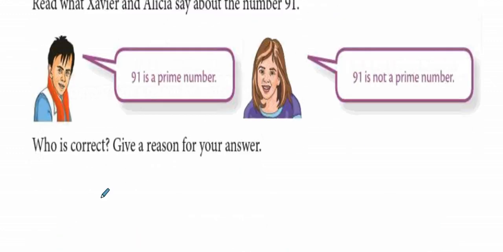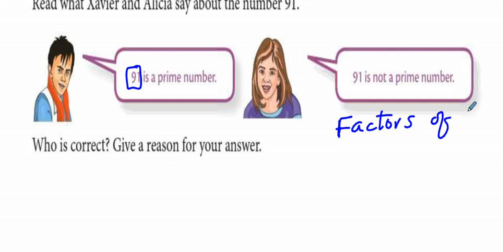Like I said earlier, a prime number is any number which has only two factors. Now let us check the factors of 91. If 91 has only two factors, then 91 would be a prime number, and this person over here will be correct.